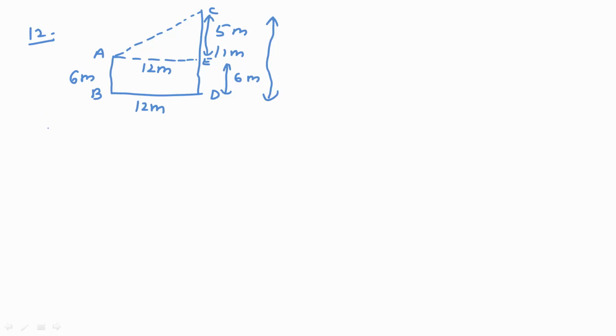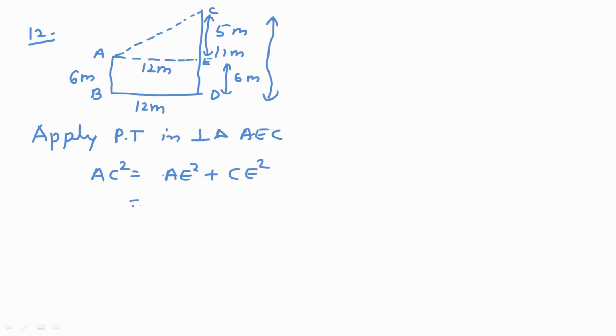So apply Pythagoras theorem in right angle triangle AEC. AC square is equal to AE square plus CE square. The value of AE is 12 square and CE is 5 square.